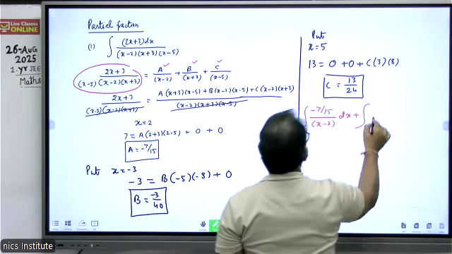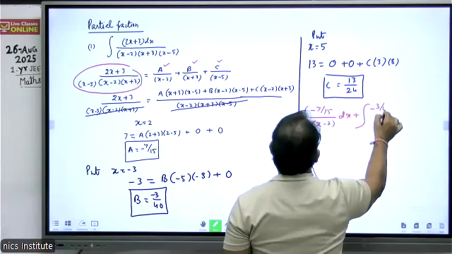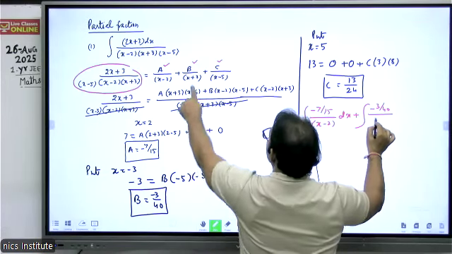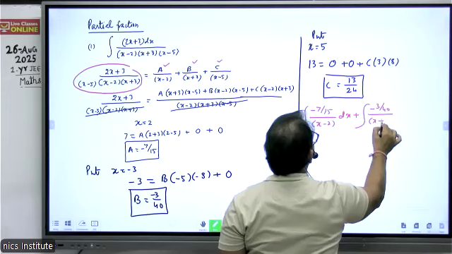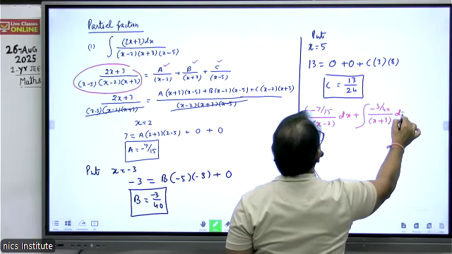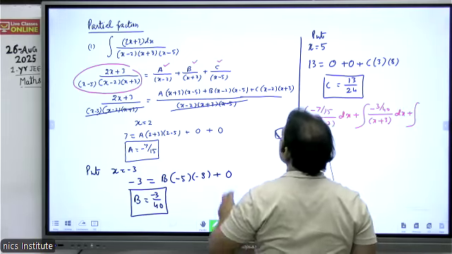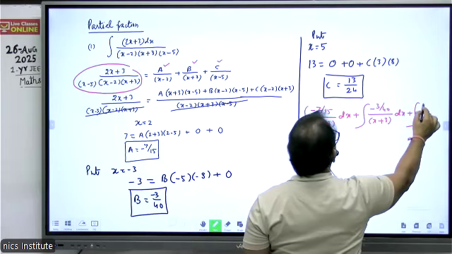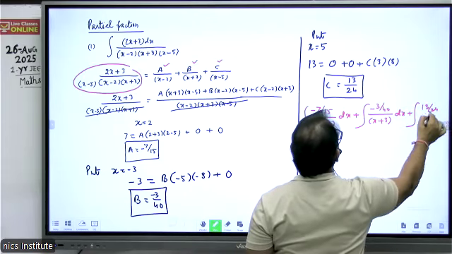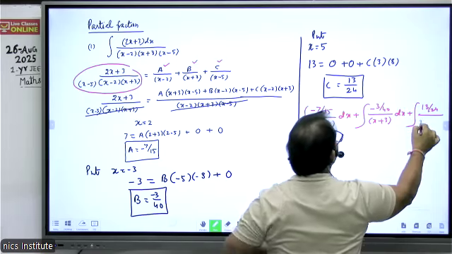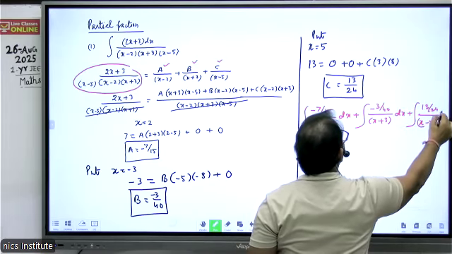B is -3/40 by x plus 3 dx. And C is 13/24 divided by x minus 5 dx.